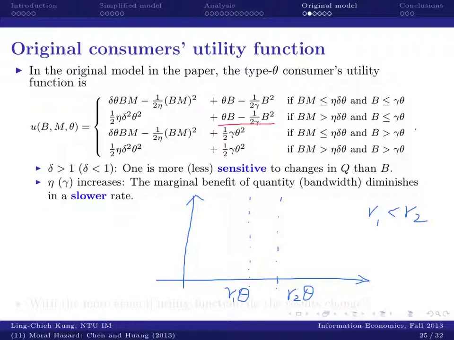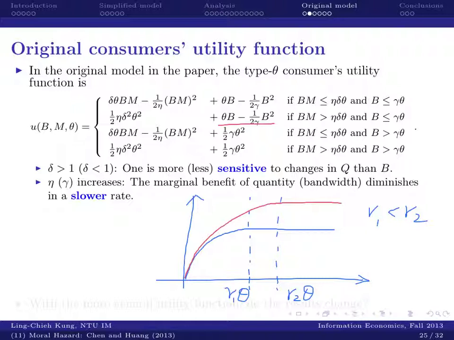So this is just an example. The gamma 1 function may look something like this, and the gamma 2 function would be something like this. So that means you always have the same benefit, but when your consumption becomes higher, the marginal benefit will decrease. When gamma is higher, it will diminish at a slower rate.